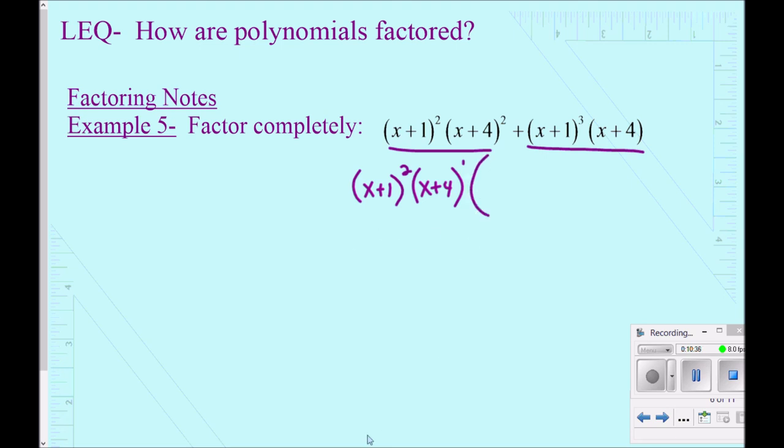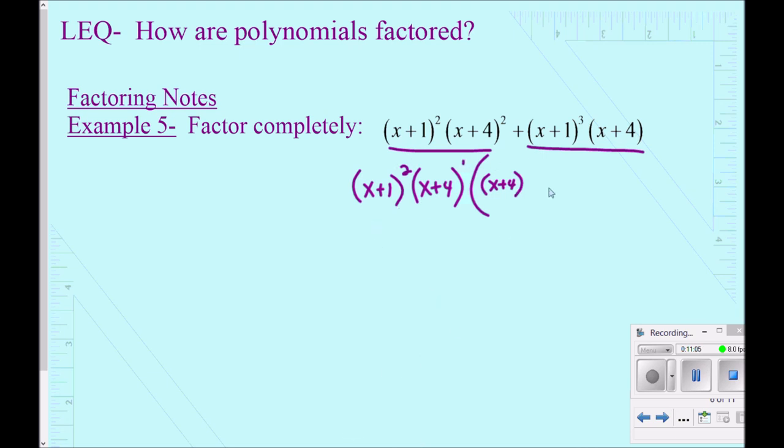Now I need parentheses after the GCF. Looking at the first underlined piece, x plus 1 is already squared; that's what we pulled out. x plus 4 is to the first, but we need it to be squared, which means I need an additional x plus 4 to the first power. If I multiply this GCF times this, I do get the first underlined piece.